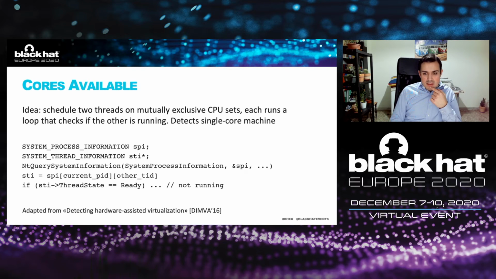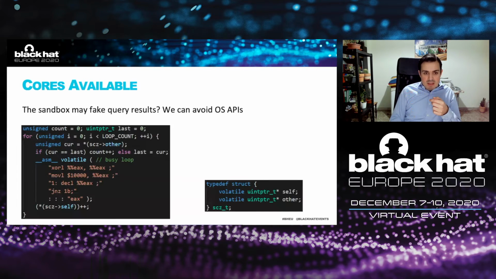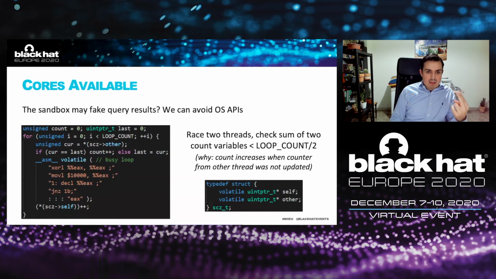This works, but a sandbox architect that knows this trick can fake those results. So let's do it without APIs. What we do is we still raise 2 threads, and the idea is that every thread has its own counter, and we see from the other thread if this thread is incrementing this counter.